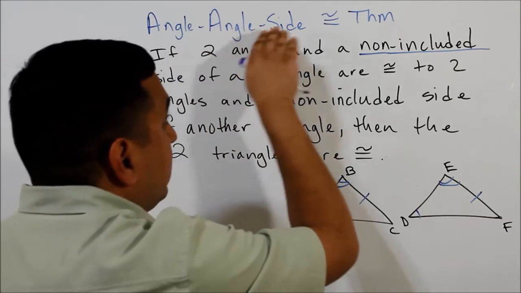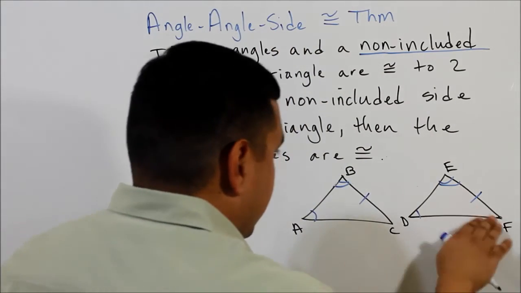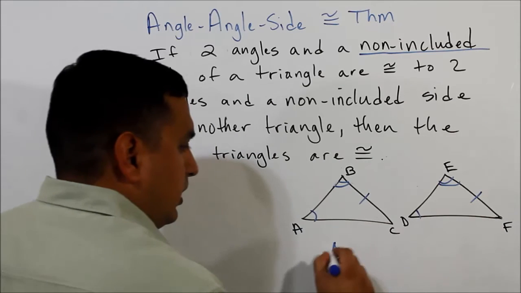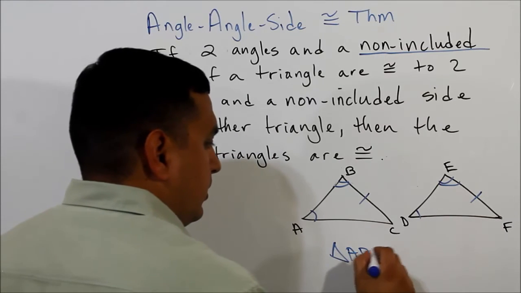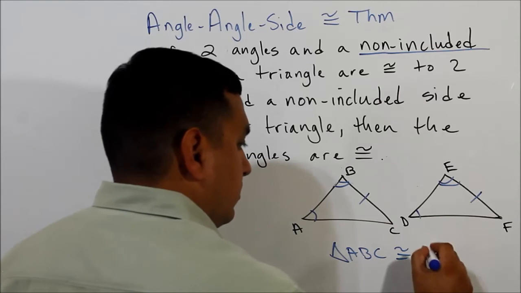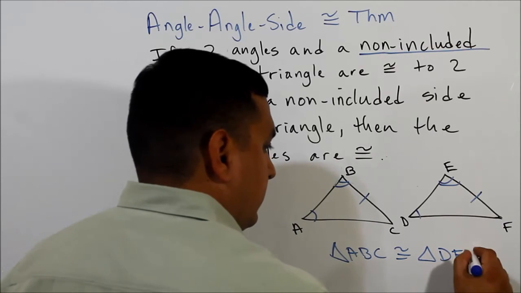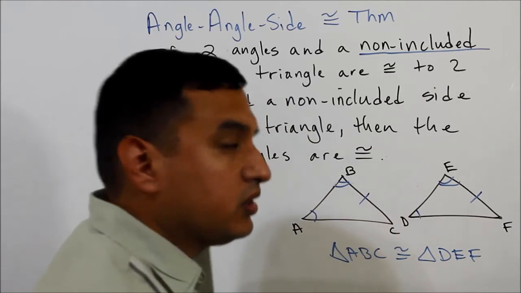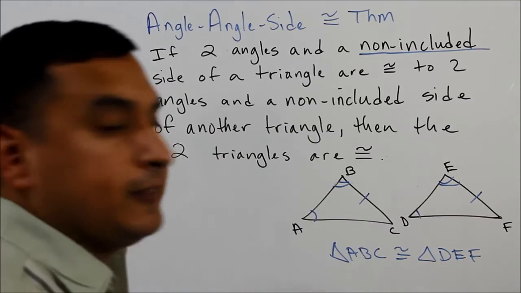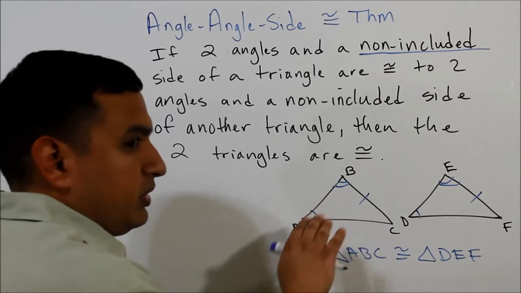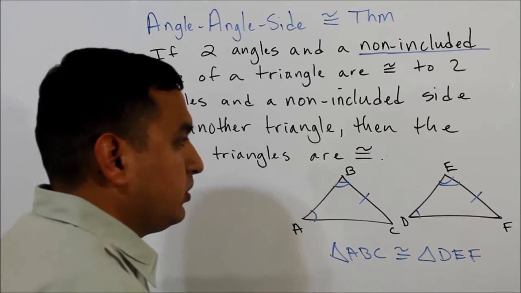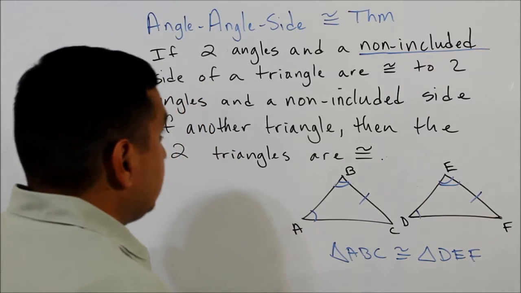So we're looking at angle, angle, side. If I have something like this, then I would say triangle ABC is congruent to triangle DEF. So here's a different way to show that the triangles are congruent without actually saying that all the corresponding angles and all the corresponding sides are congruent. I can take a shortcut.